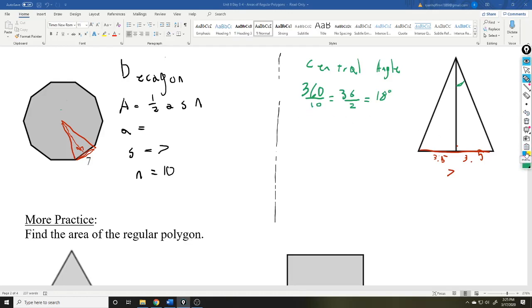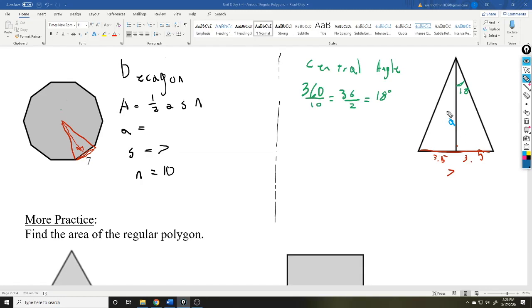So now this time, we're trying to solve for our apothem. And we know that this angle is 18. So this time we know our opposite across from this angle, and we're trying to solve for our adjacent.